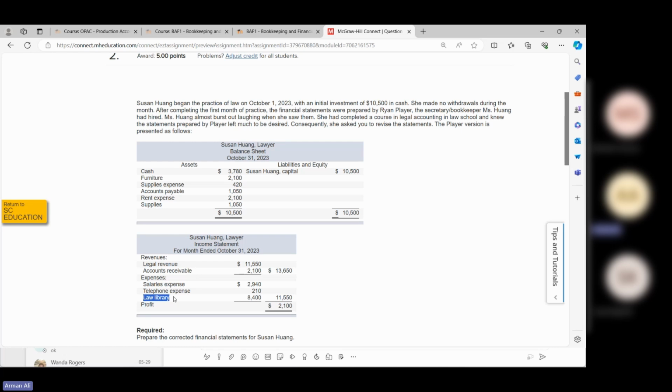Law library. Somebody was asking me about that as well. So I'm going to assume law library. We look at the scenario and we try to understand what's happening. Susan Huang is practicing law and she has her law firm. So law library expense. Maybe you cannot own a library. Nobody owns a library, and the library comes in at $8,400, right?